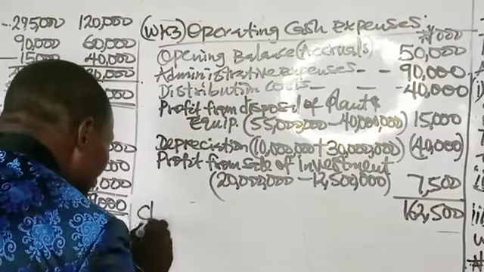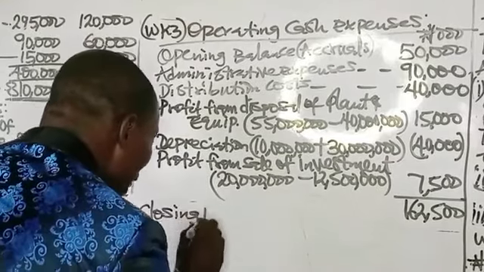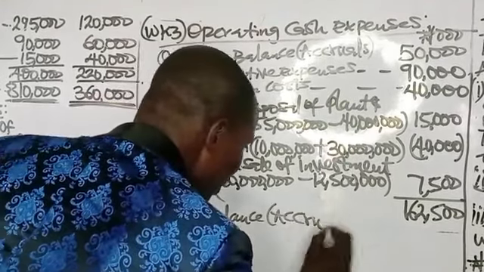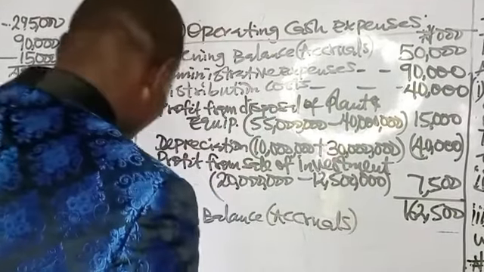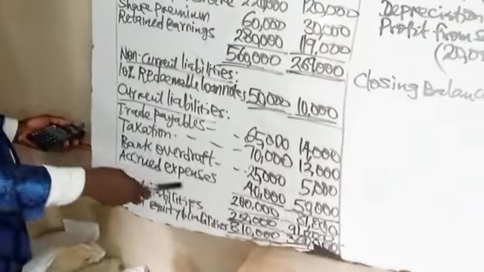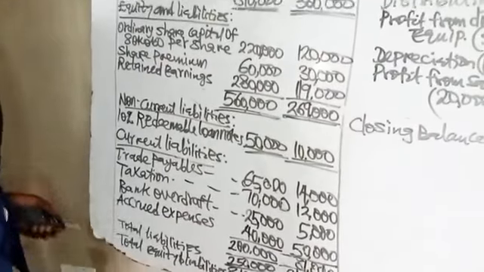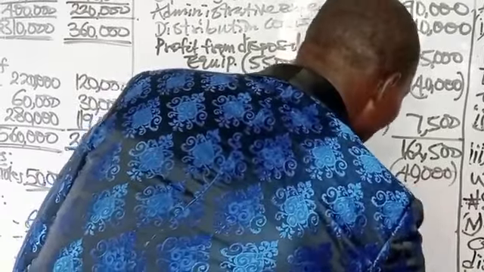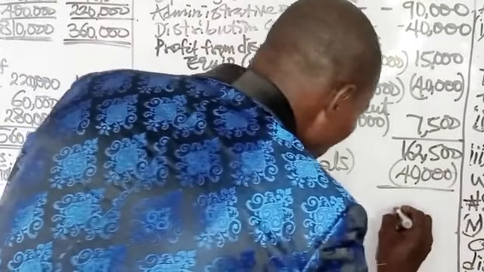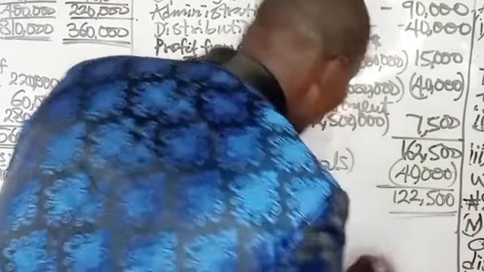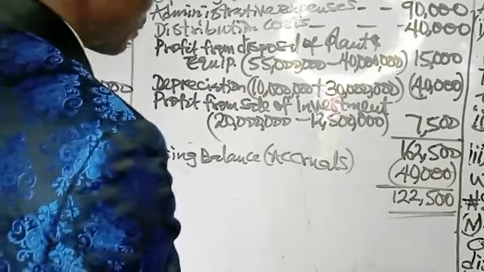We have the closing balance in respect of accruals, under current liability. How much is our closing balance? We have accrued expenses, 40 million. If you subtract 40 million from 162.5 million, then you'll be left with 122.5 million. That is the operating cash expense paid.